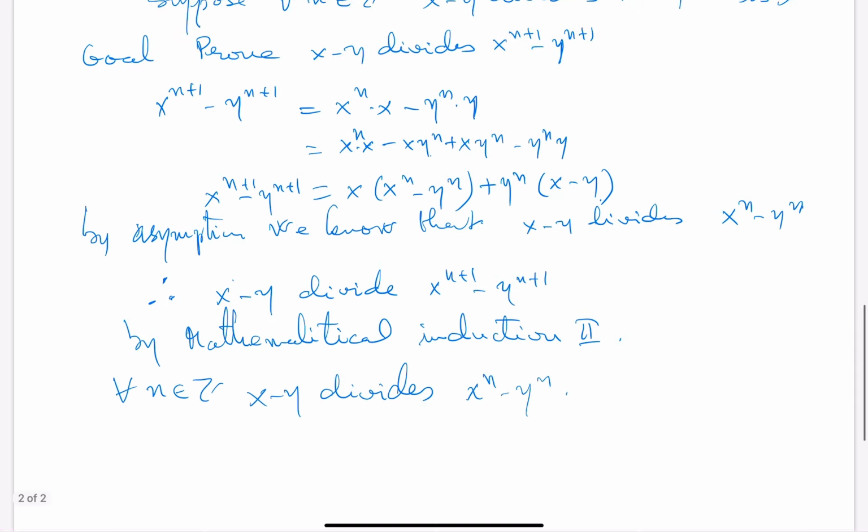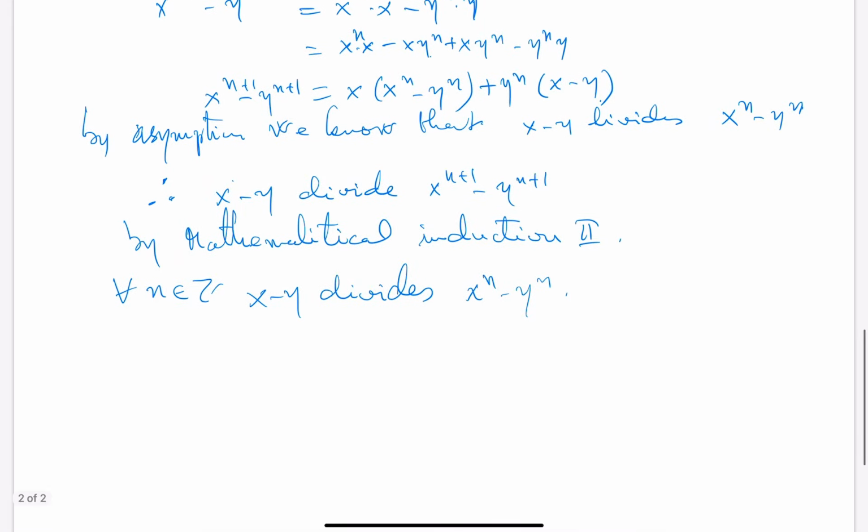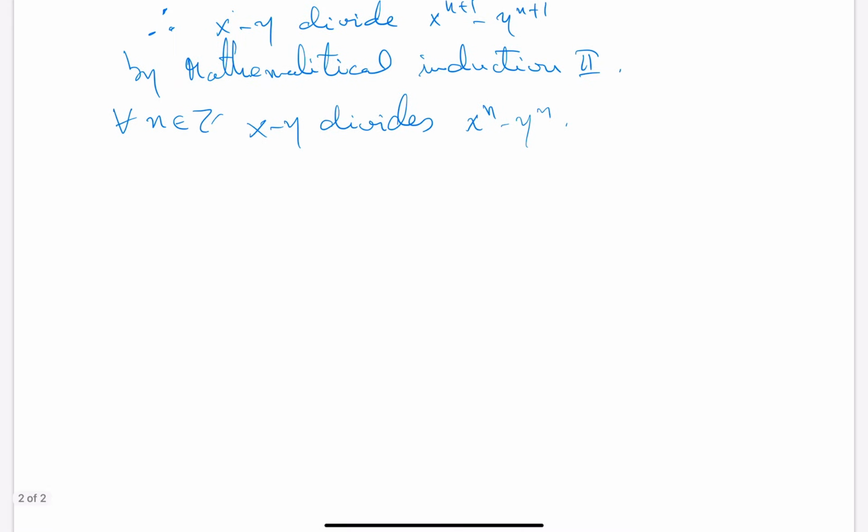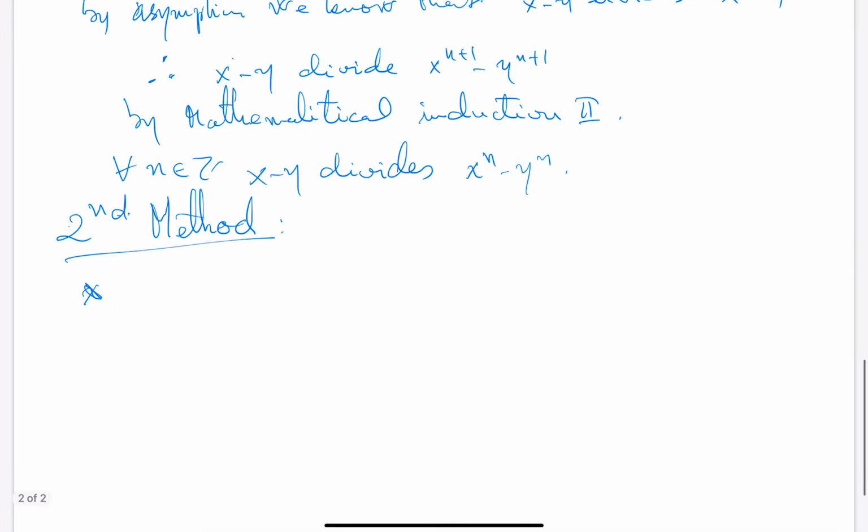Okay, that one is good. And another way you can also use this one. Another way also you can use what you know about this one. So here the base case, I suppose, is fine.